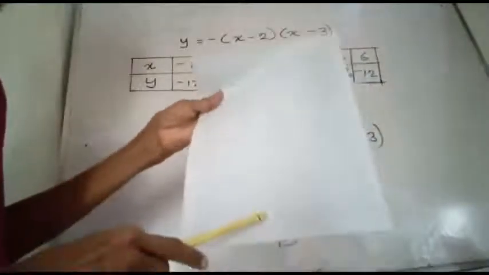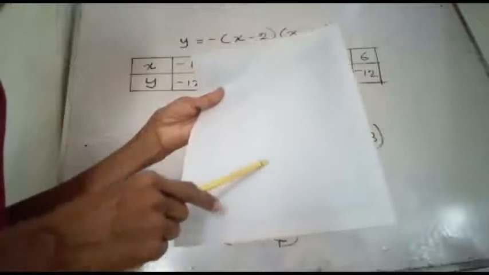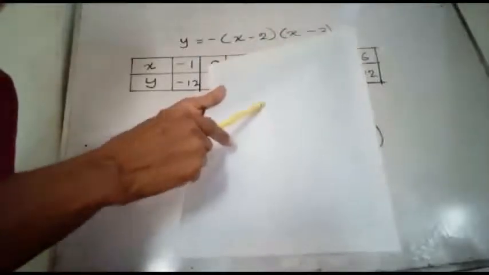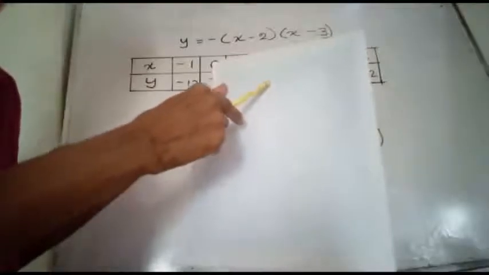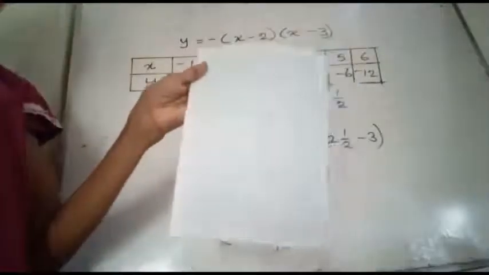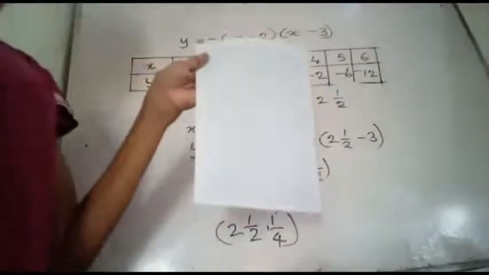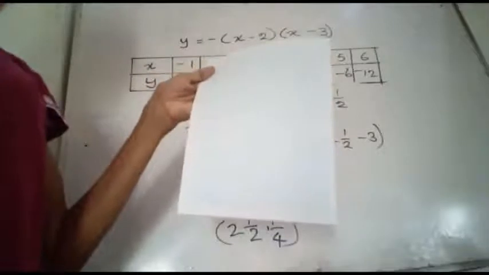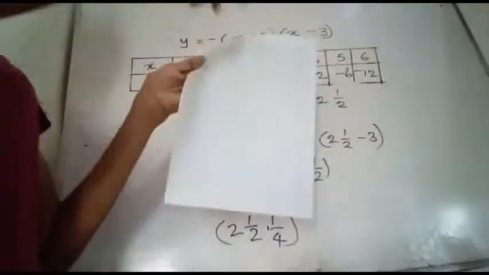There are 10 small divisions along the y-axis.